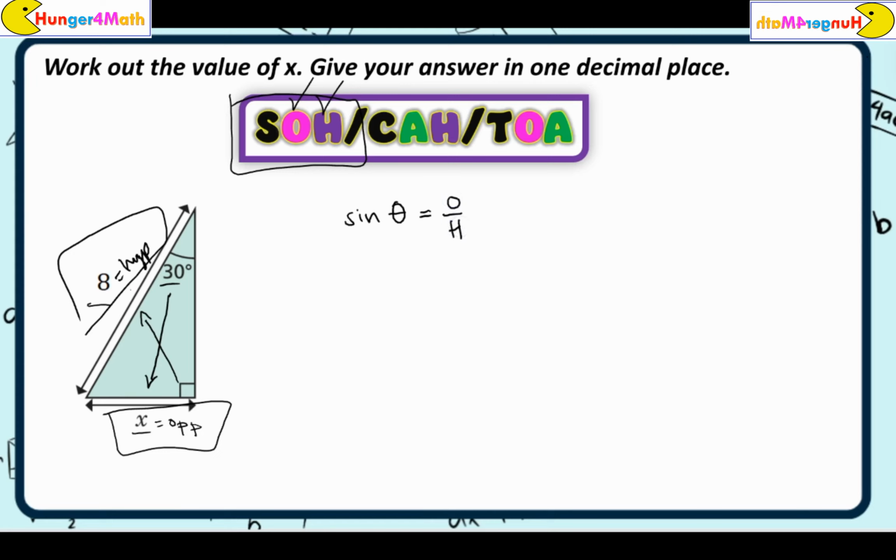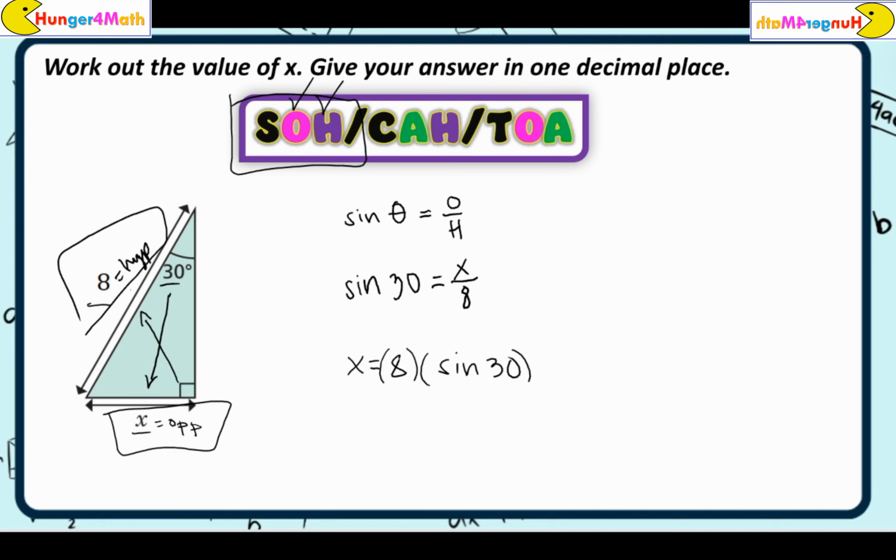Then substitute. So sine theta is 30, equal to opposite x over the hypotenuse 8. Now let's cross multiply. So x is equal to 8 times sine 30.